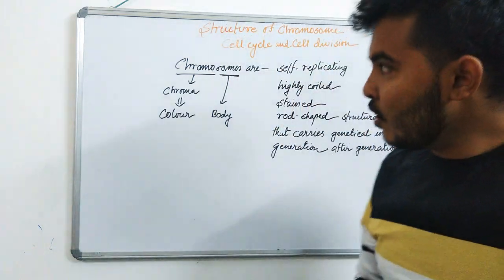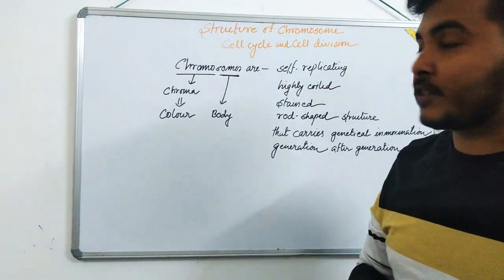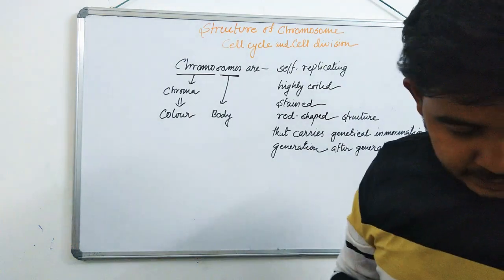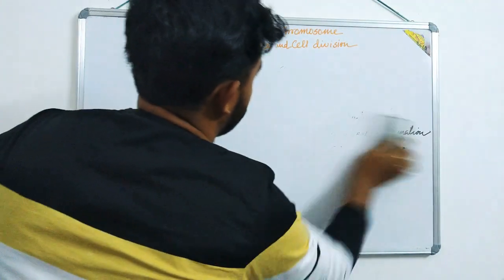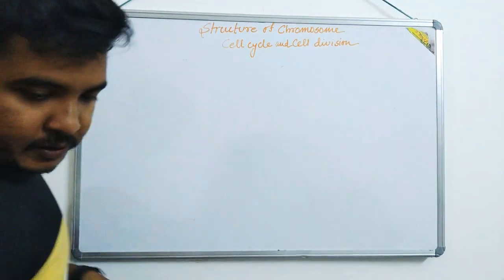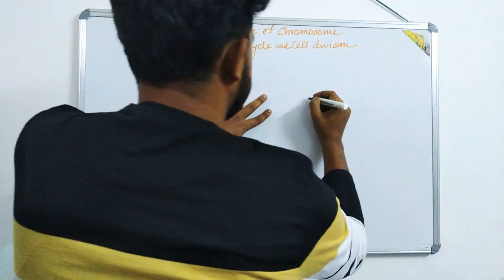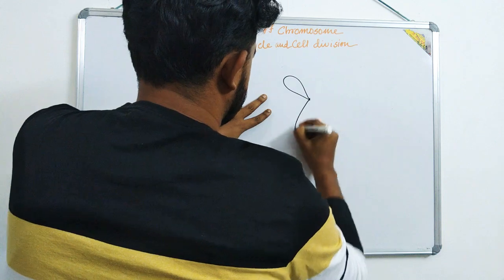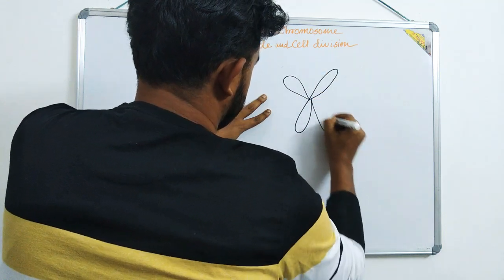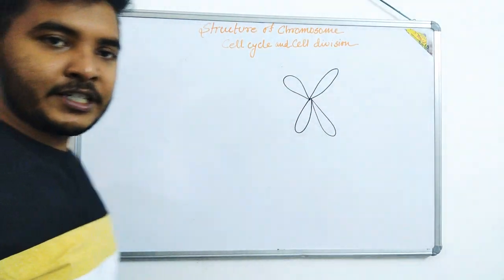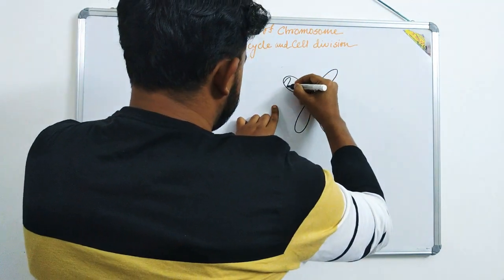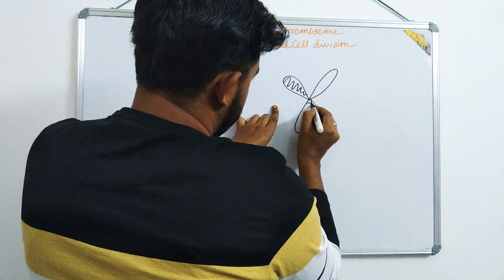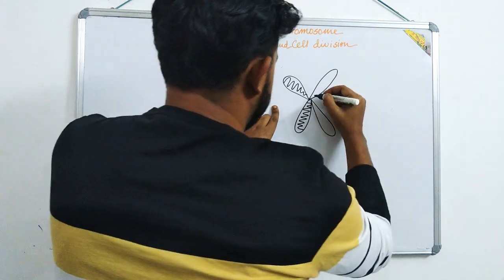If I come to the structure of this chromosome, let me just draw one simple chromosome here. Diagrammatically you can just draw like that. It's a small butterfly shaped structure. This is a chromosome, and inside it there are some coils.